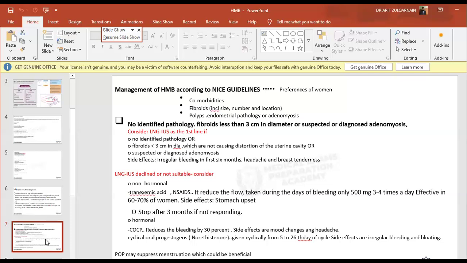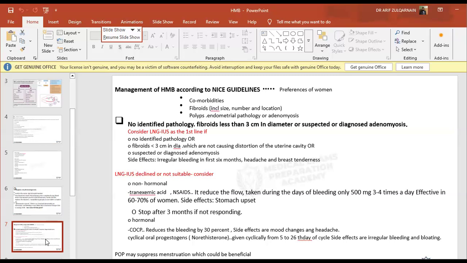Then the first column we will discuss: if there is no identifiable pathology and the fibroid size is less than 3 centimeter, or she is having suspected or diagnosed adenomyosis, then what are the management options? Like in this scenario, if she is having a normal uterus, or a fibroid less than 3 centimeter, or suspected adenomyosis, what are the options?